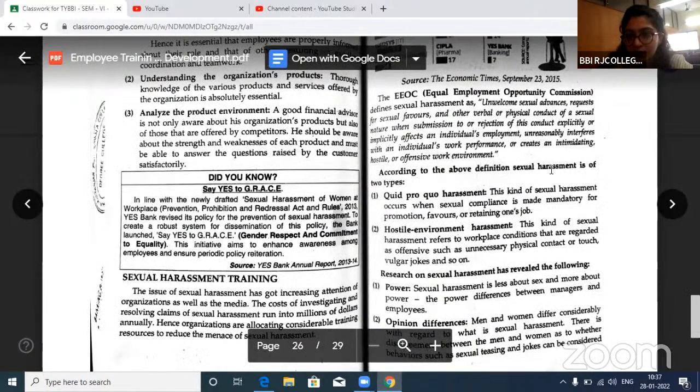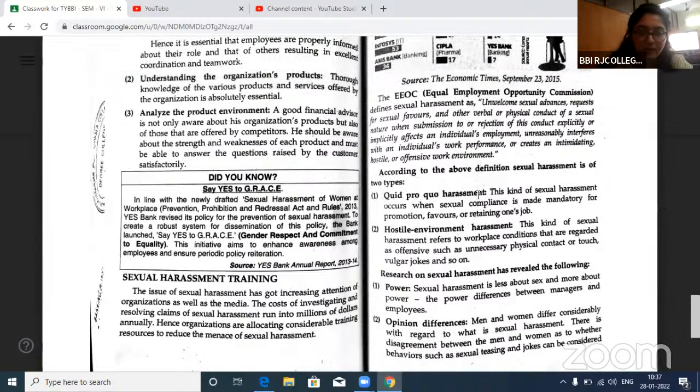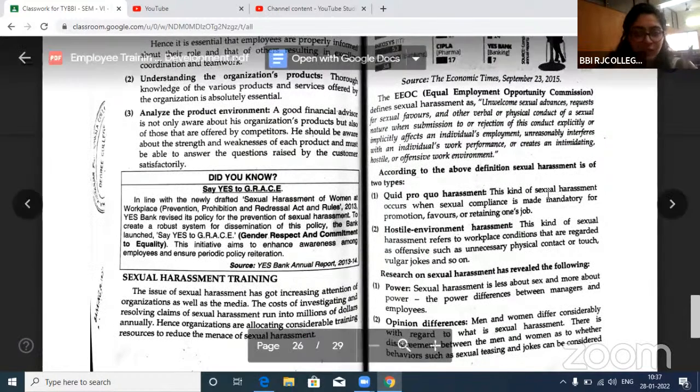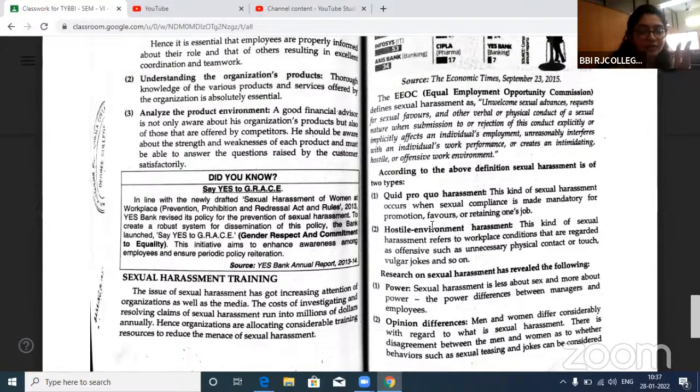So there are two types of sexual harassment definitions. First, quid pro quo harassment. That means the kind of sexual harassment that occurs when sexual compliance is made mandatory for promotions, favors, or retaining one's job. Suppose an employer is sexually harassing employees for retaining their job, or for asking some favors, for increasing their salaries.